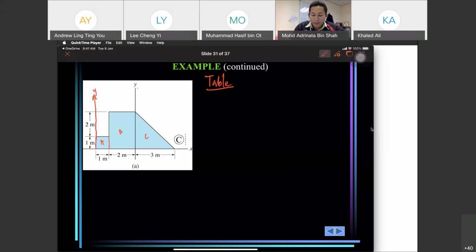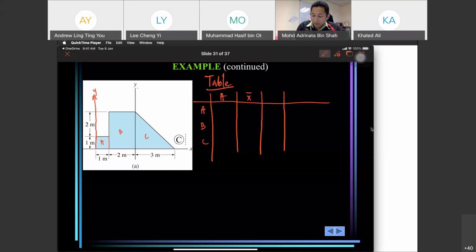We move our Y. So we need to make up our table, and we have our A, B, and C. This is our A, this is our X bar, this is our Y bar, this is our A X bar, this is our A Y bar.